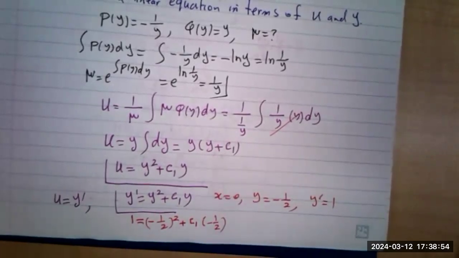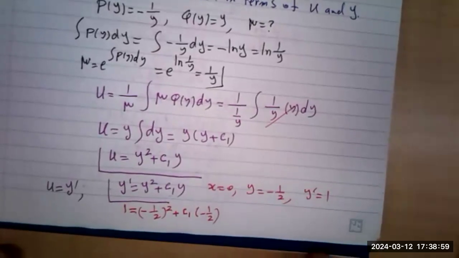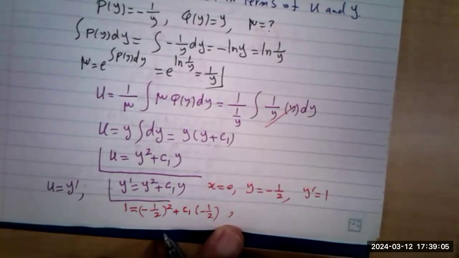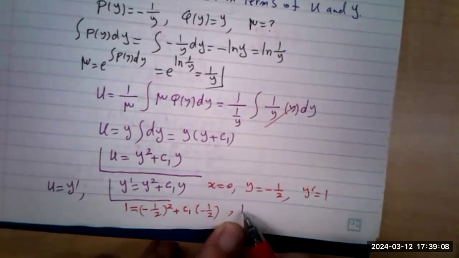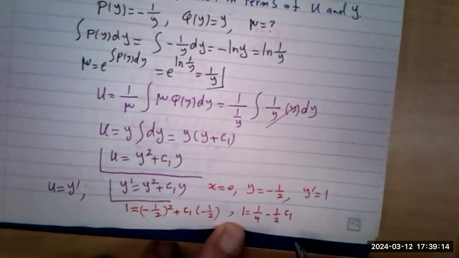So we try to find the c1 here. Okay. So negative half squared would be a quarter. So that gives us 1 equal to a quarter minus 1/2 of the c1.